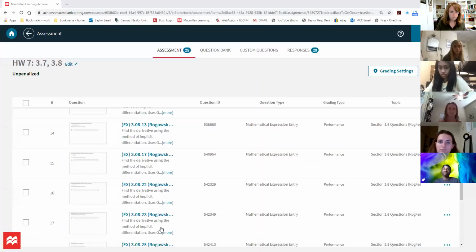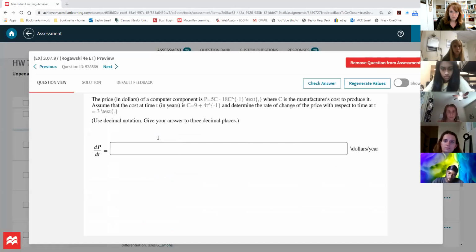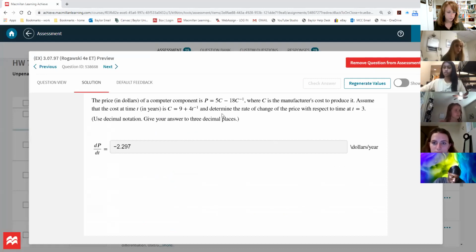I'm going to do a screen share so I can pull this up and you guys can see it. Okay. So here's number 12. Oh, okay. Yeah. I had it down to something else. Okay, yeah. Let me show you how I did this problem and the easier way to do it. So bear with me one second. I'm going to swap back over now. Several people had the same question.